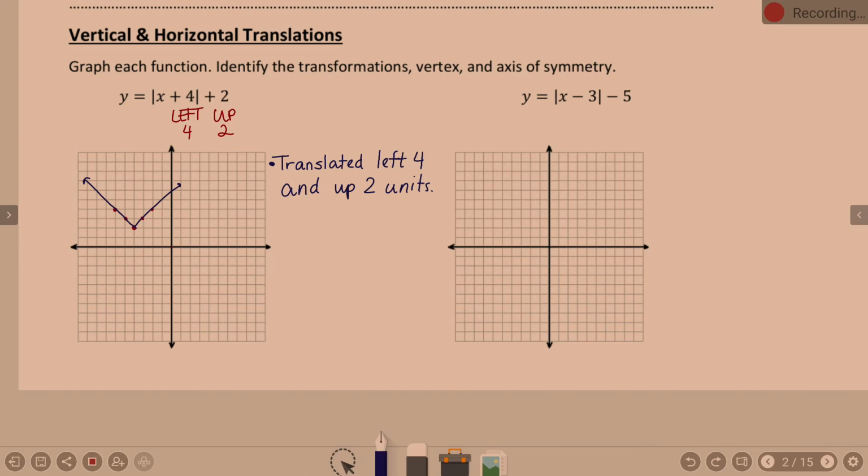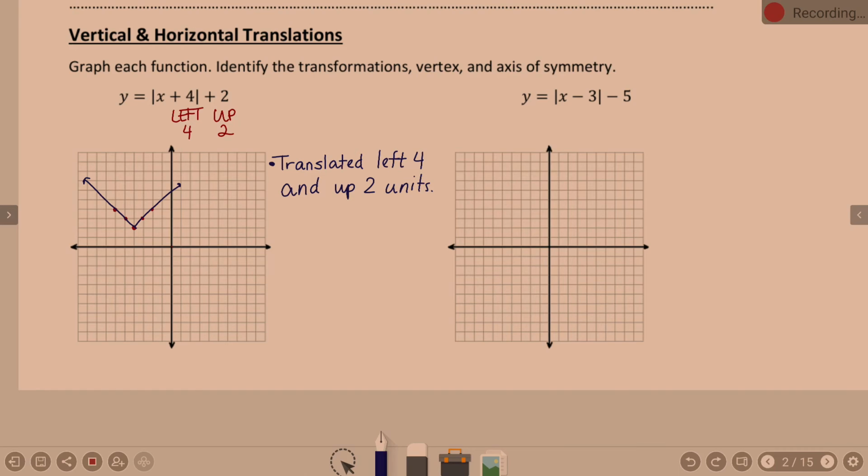Okay? Could we write it in parentheses, like 4, comma, or -4, comma 2? No, I'm going to expect words. Because what's -4? Is that left 4 or is that down 4? Right. Okay, so if they want you to identify the transformations, I'm going to want words.